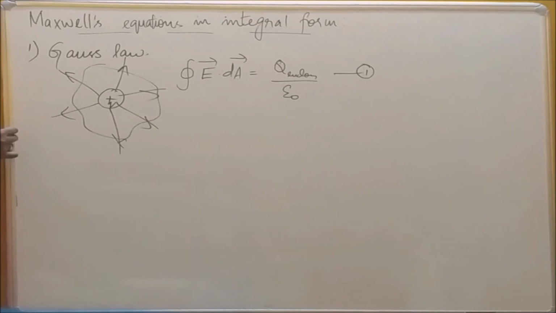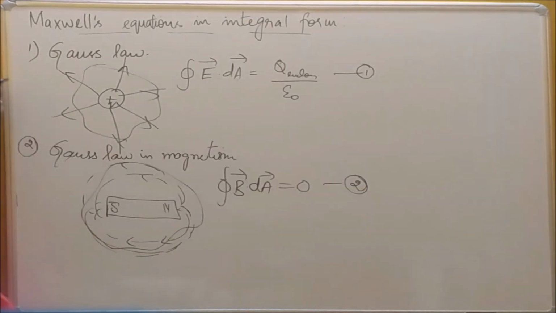Yes, because here we used only a separate charge, either positive or negative. In Gauss law in electrostatics, we can use only an isolated point charge. This is the first equation of Maxwell's, equation number 1.